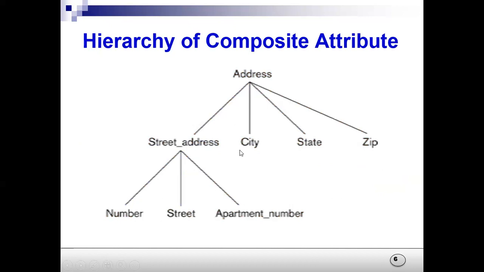Again, this street address can be broken down into number, street, apartment number. That means the composite attribute can again be composite. Are you clear now? Please tell me if you are not clear. Yes, ma'am, clear.